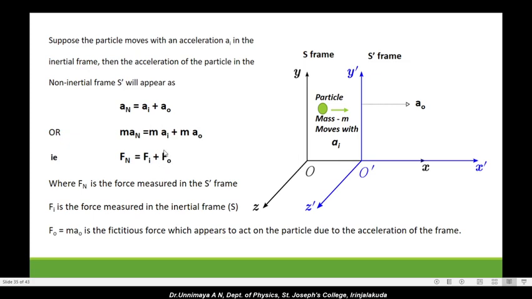This is the force acting on the particle due to the acceleration of the non-inertial frame, that is Fo, that is fictitious force. So Fn is the force measured in the S prime frame, Fi is the force measured in the inertial frame, Fo is equal to ma0 is the fictitious force which appears to act on the particle due to the acceleration of the frame. Okay.